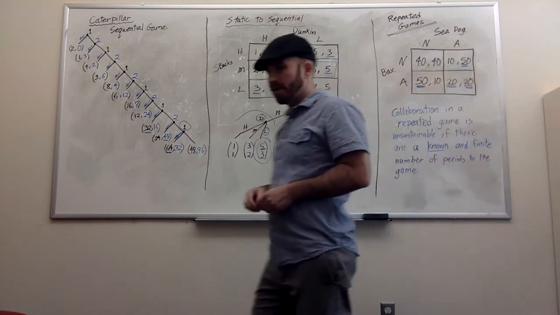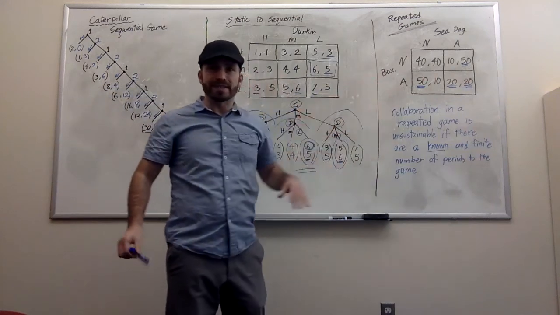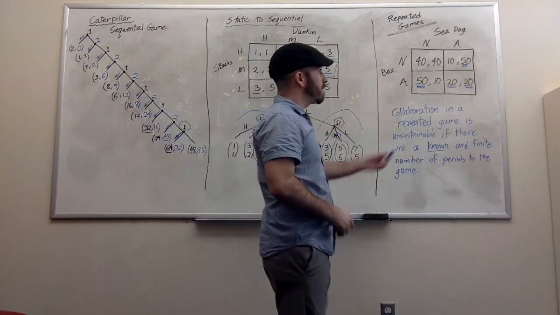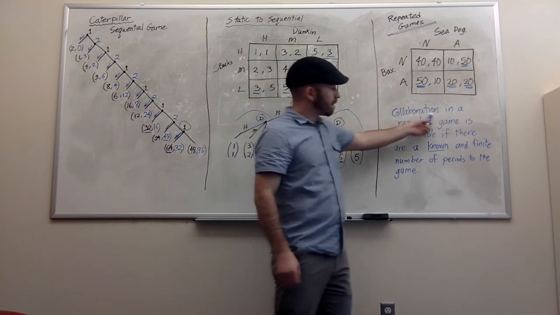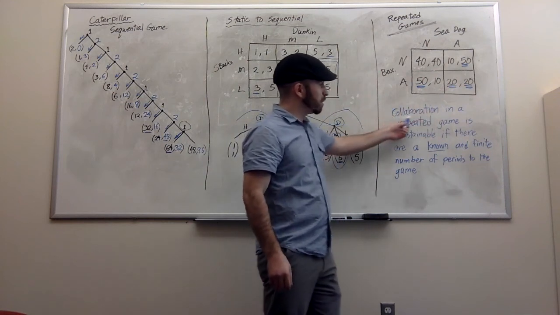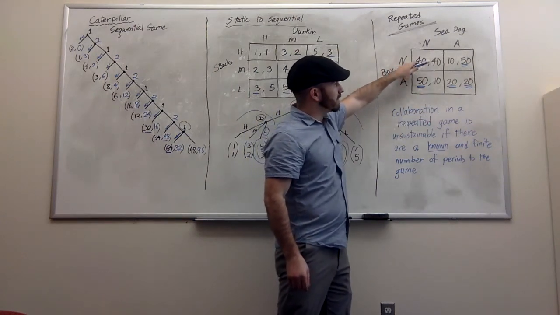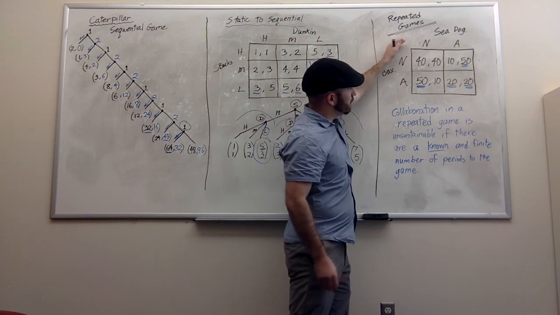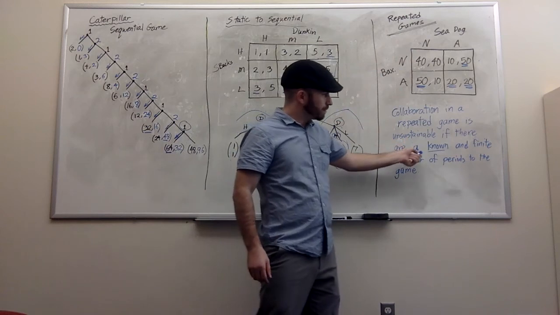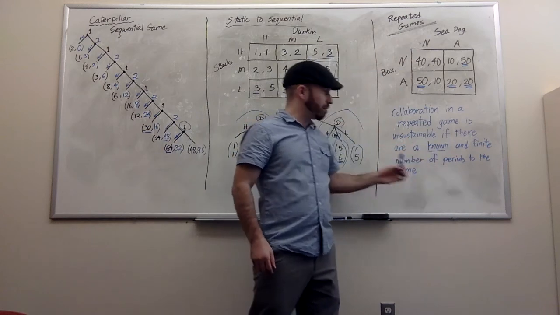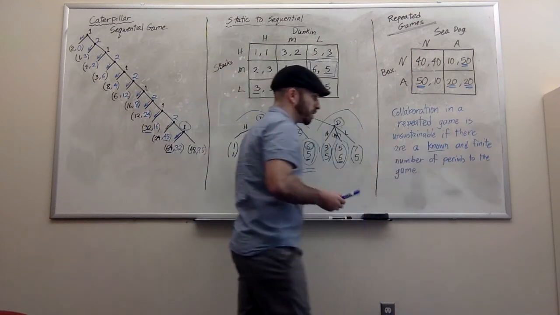If we're talking about an outcome that's a Nash equilibrium to begin with in a single stage of the game, then that's perfectly sustainable because it's a Nash equilibrium, right? But if we're trying to imagine some sort of subgame perfect Nash equilibrium that is achieving an outcome that is not a Nash equilibrium in a single subgame, then that is not going to be sustainable if there are a finite number of periods or stages to the game, and that number is known to the players.